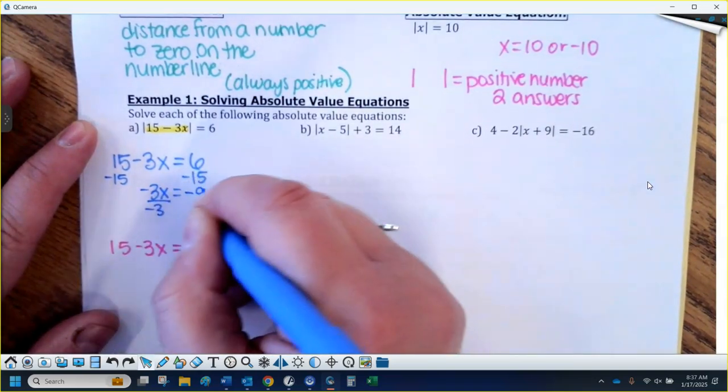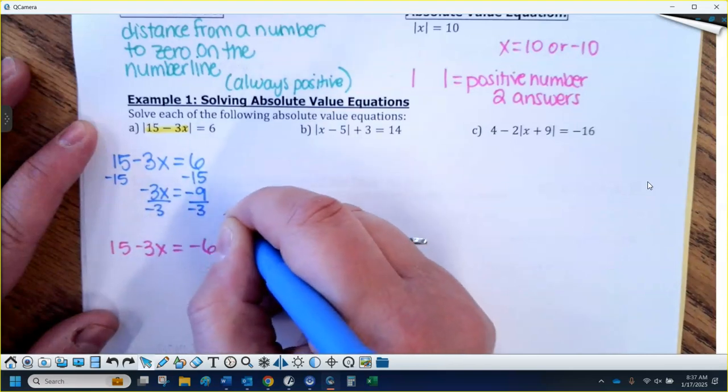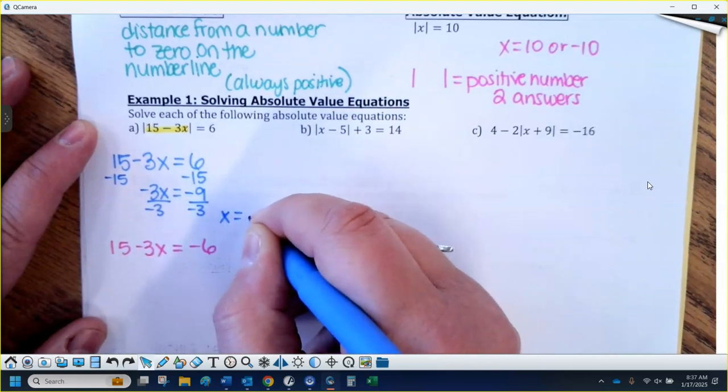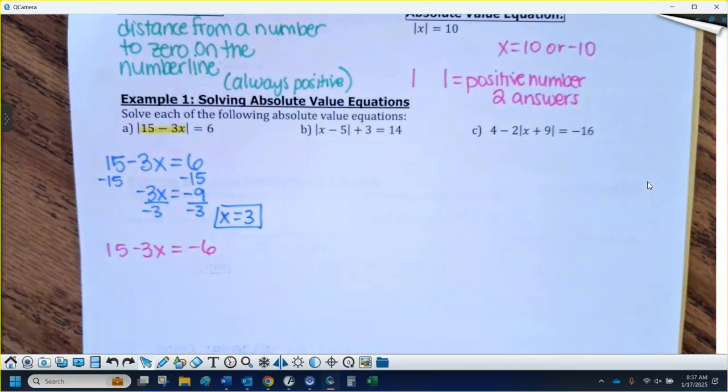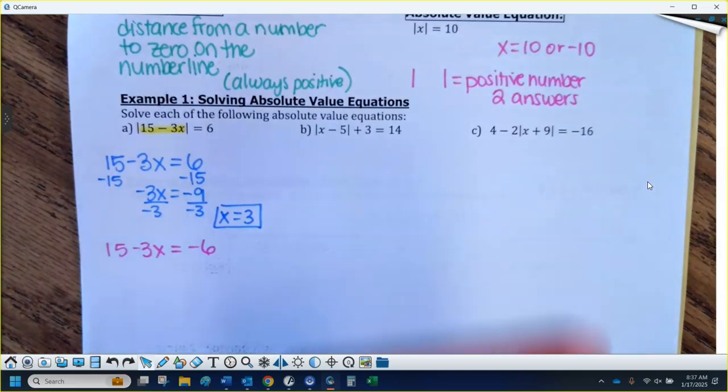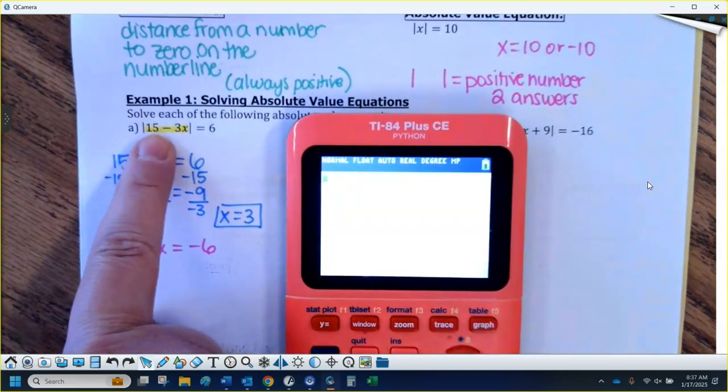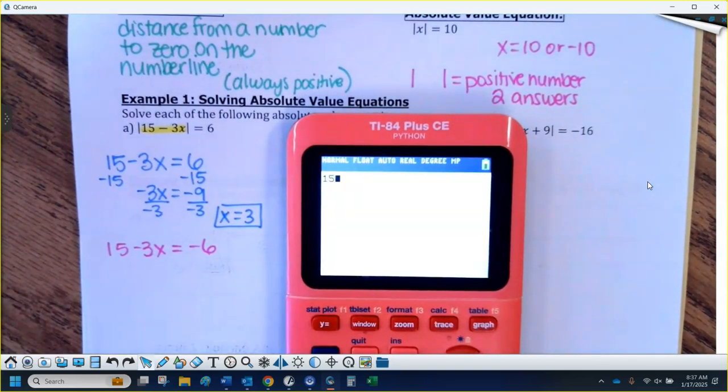I would divide by -3. And x would end up being 3. So there's one solution. You don't have to go back and do this, but if I went back to the original problem, 15 minus 3 times 3, that would give me 6. If I take the absolute value of 6, that is 6, that is true.